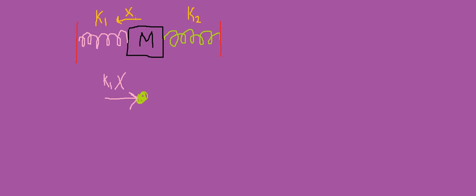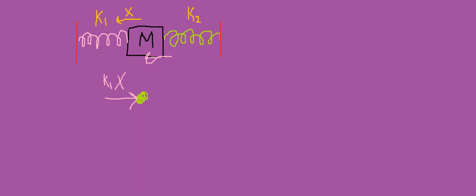And if we move this block a distance x to the left, that means we're also disturbing the equilibrium of this other spring. It's also going to want to move back to its equilibrium position to the right.